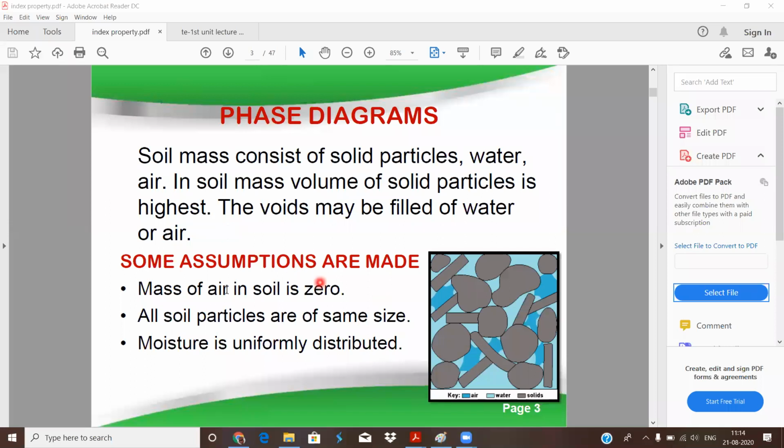In this phase diagram, we consider the mass of air to be almost zero. Generally soil particles are of different sizes, but we assume all particles are the same size and the moisture is uniformly distributed.